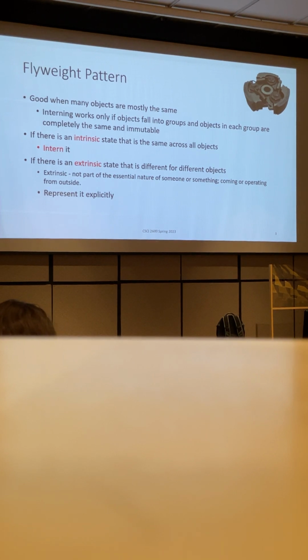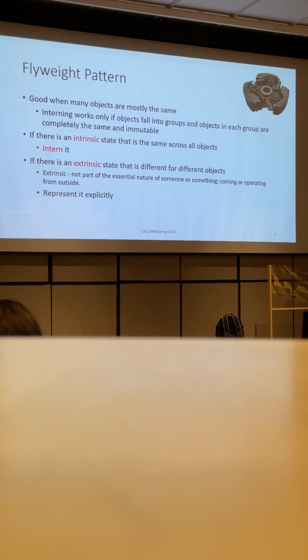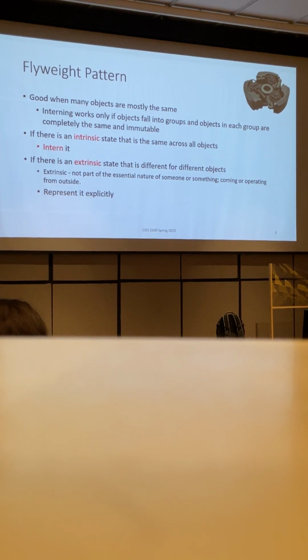If we are trying to create a new object with the same state as an existing object, then the interning pattern just gives us that old object that is already created, which would be equal to the object that we are trying to create.